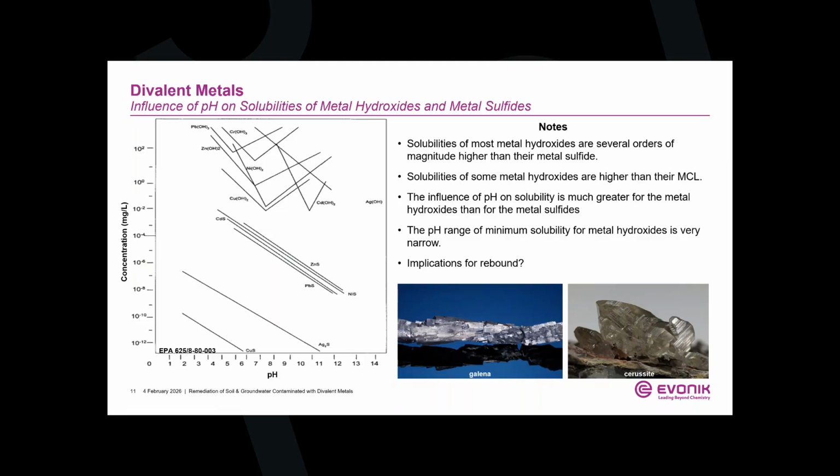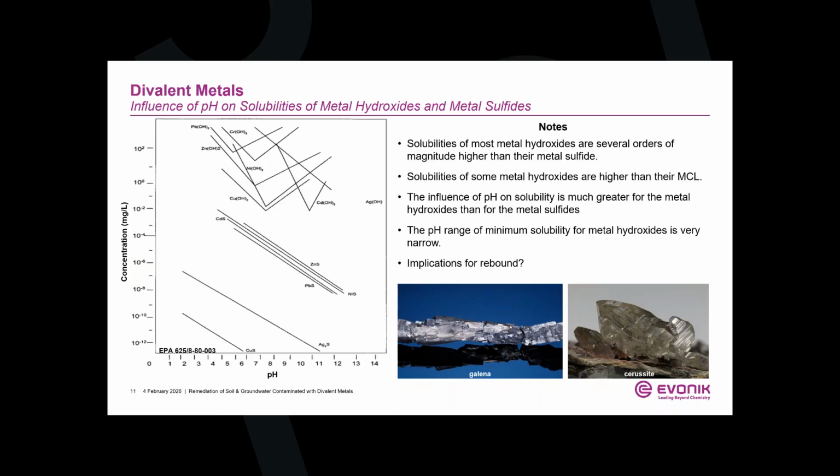But really what I'd like you to note and remember is that in addition to the solubilities of the hydroxides being several orders of magnitude higher than the solubilities of the sulfides, look at the shape of those solubility curves for the metal hydroxides. They are typically at a minimum in the alkaline, or at least in the slightly alkaline range, but they have minimums at a very narrow pH range.